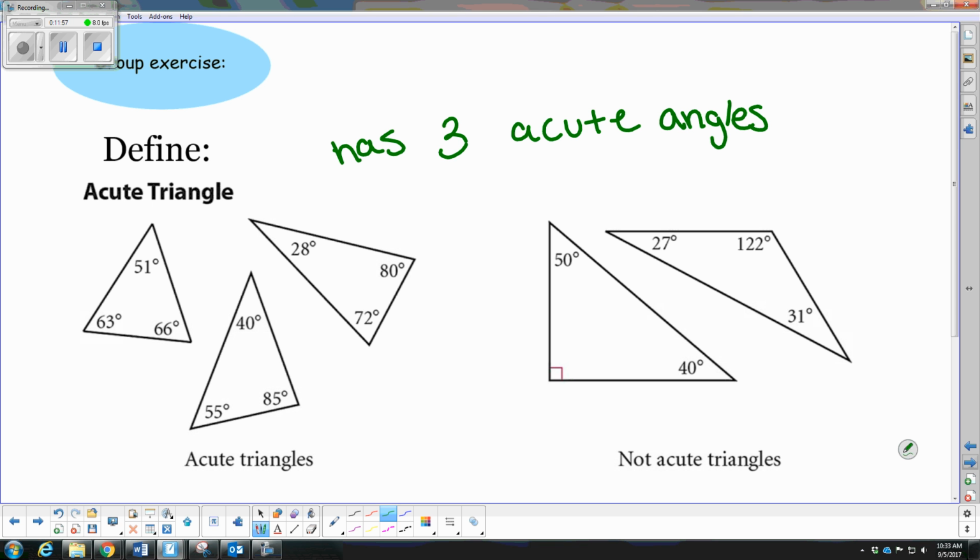It's not enough to have just one acute angle or two acute angles. These both have two acute angles. However, this is classified as a right triangle because it has a right angle, and we'll get to the classification of the other one in a second. But all acute triangles have all three angles that are acute.